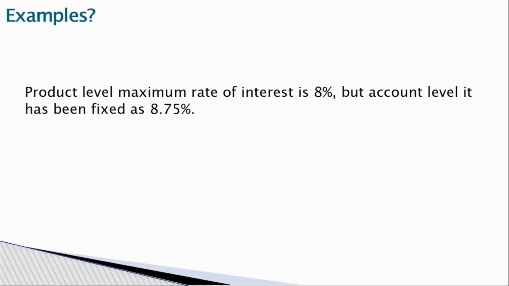And at product level, the maximum interest is 8%, but at account level it is 8.75. These are only data migration issues, from manual or machine errors. Otherwise, these will not happen in real-time scenarios.